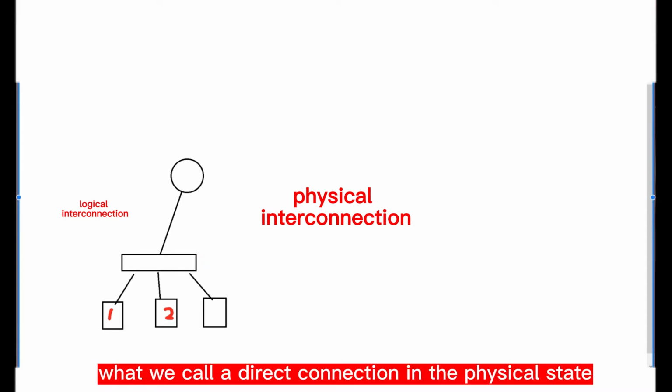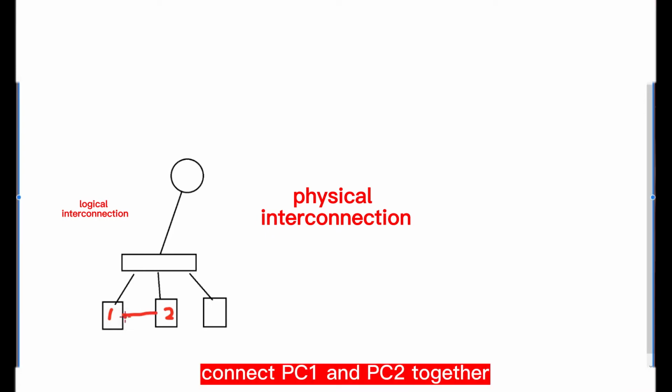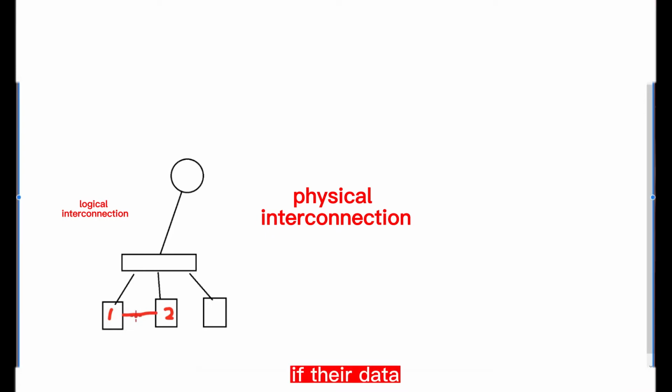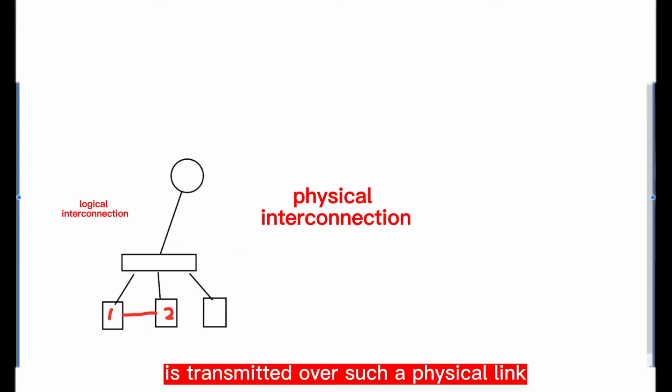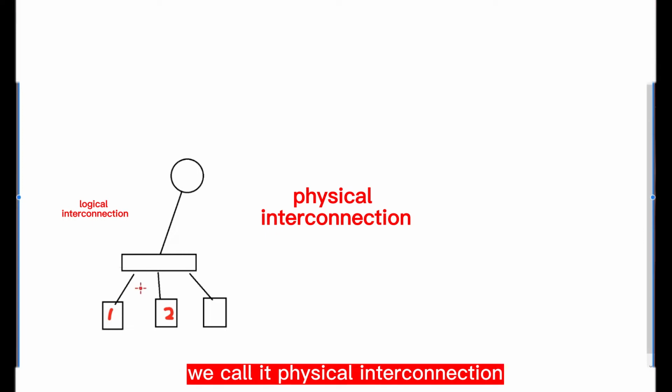What we call a direct connection in the physical state is connecting PC1 and PC2 together through a line. If their data is transmitted over such a physical link, we call it physical interconnection. But not now.